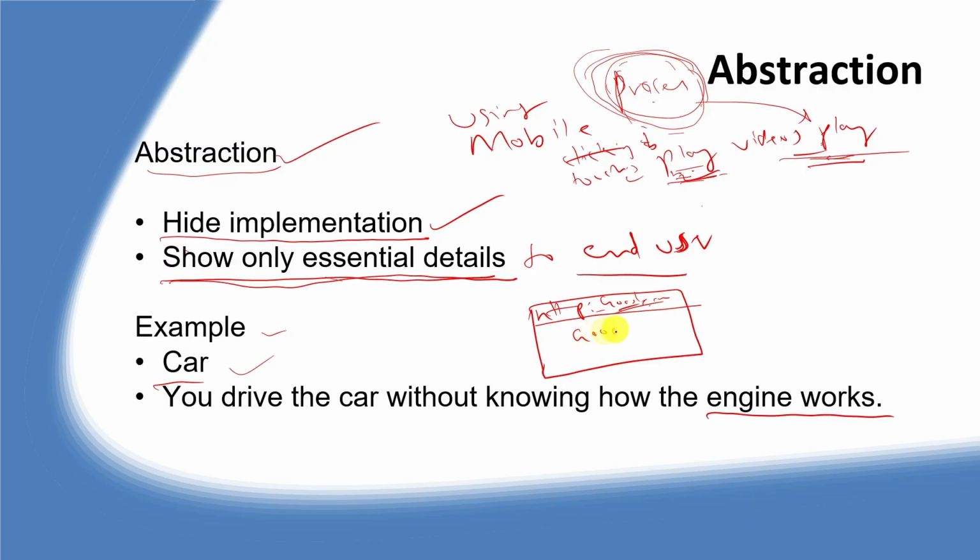In Google, here is the search box. But what is happening in the background, what the HTML tags are, what the UI pages are, whatever the background process is, is hidden from you. Only the front end, the front page, is shown to you. This is an example of abstraction.